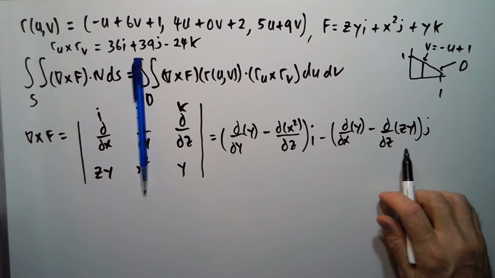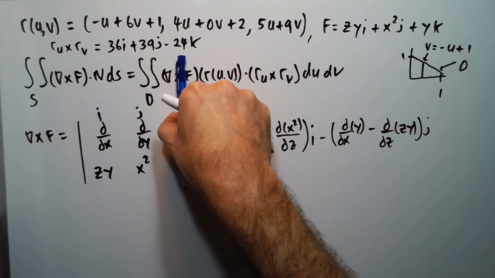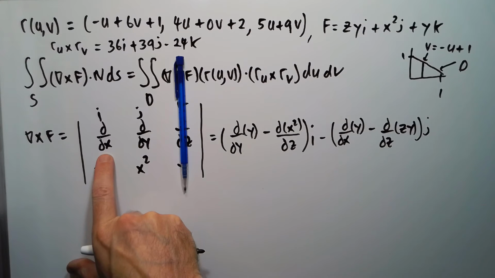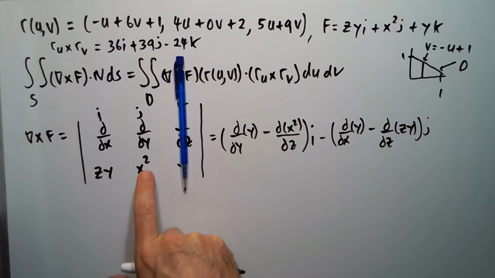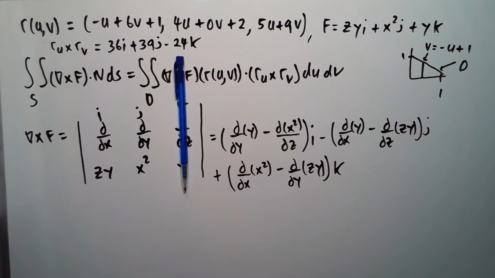So we get this. And lastly, let's do the k one. So the partial x operator acting on x squared minus the partial y operator acting on zy. So let's write it here. So we'll get this then.